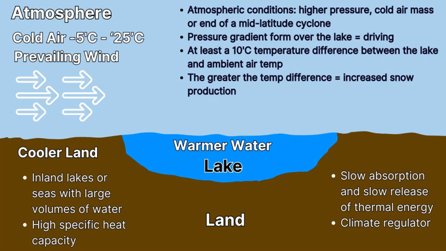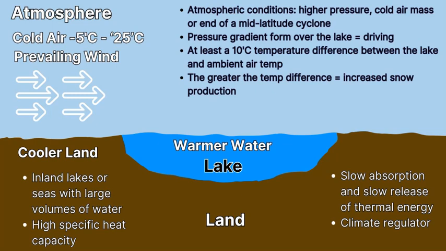So when you have this cold air mass, this higher pressure pushing cold air over the land and then eventually over this warmer body of water, the lake, the air could be anything between -5 degrees Celsius down to -25 degrees Celsius, and this would create a very cold prevailing wind that is moving over the lake consistently.